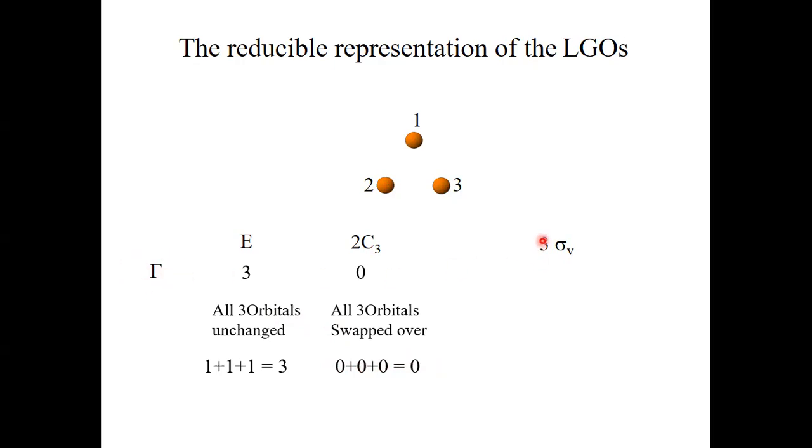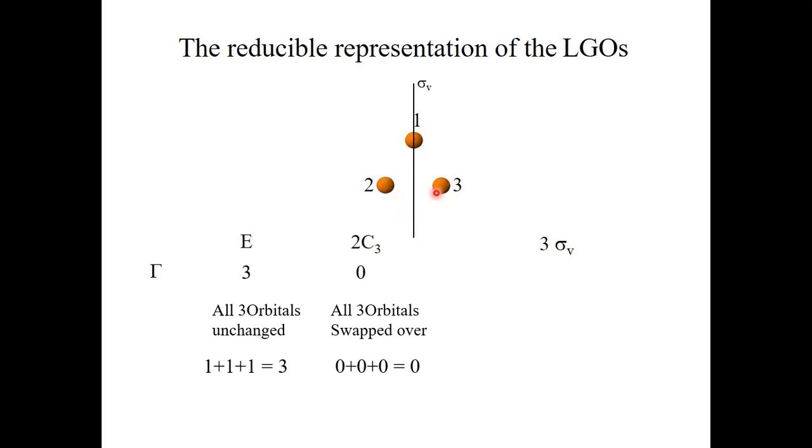Last but not least, we need to look at the vertical mirror planes. Of the overall three, we could choose either one. So for instance, we can choose the one that stands here, bisecting this one up here. Now, how many orbitals are getting swapped in this case, and how many stay at their position? Well, you see that this orbital here stays at its position, but these two here are getting swapped.